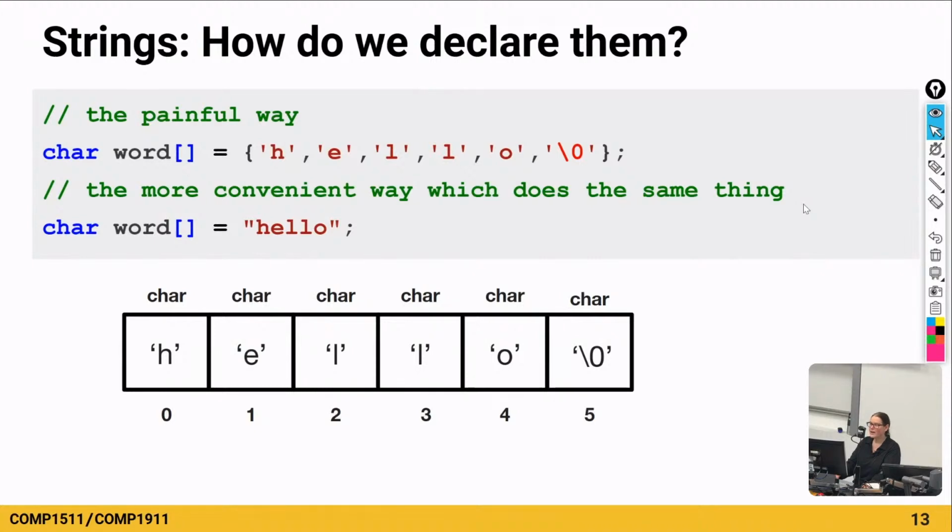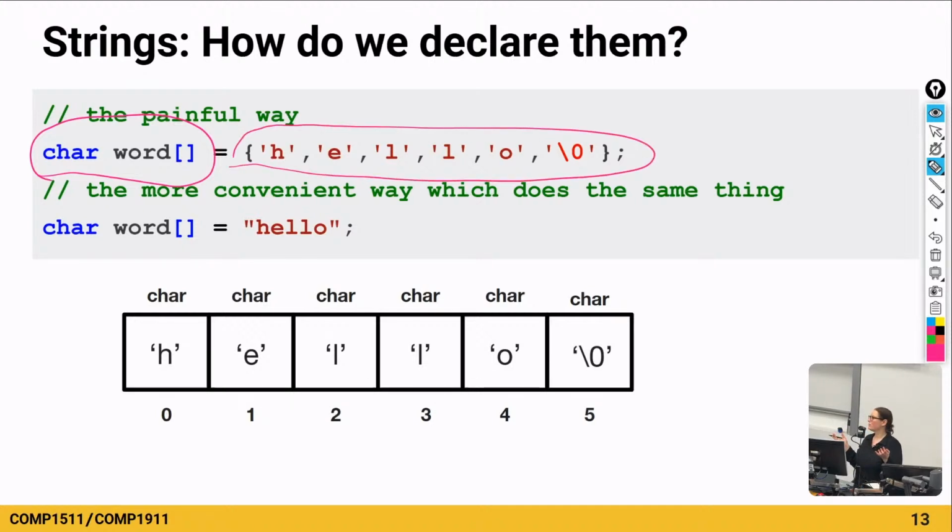Now, how can I actually create, or declare and initialize, string variables? Well, it's like declaring an array, and I can do it like this. Just like when we have integer arrays, I can use these wiggly brackets and hard code in each character. Because I'm using characters, I have to put them in the character quotes, as always.